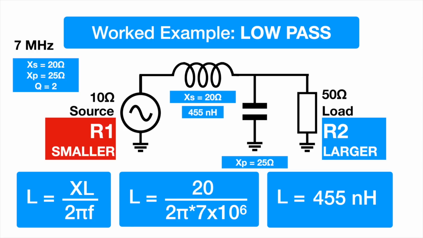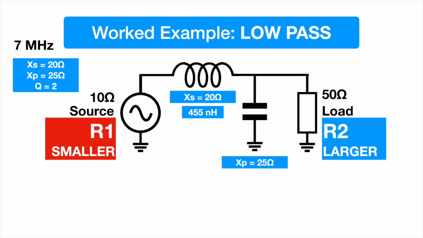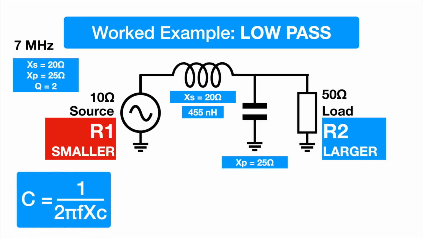And now we just do exactly the same with the capacitance. But because it is capacitance, which is our parallel reactance, we need to use the formula for capacitive reactance. So that's this. If we rearrange this, the value of this capacitor will be 1 over 2 pi f, 7 megahertz, times Xc. That is the capacitive reactance, and because it's in parallel, it's Xp, our parallel reactance.